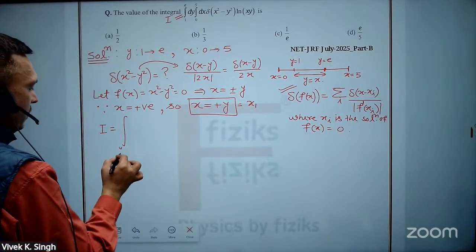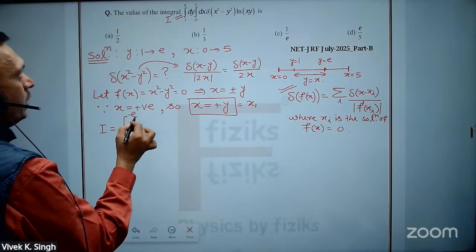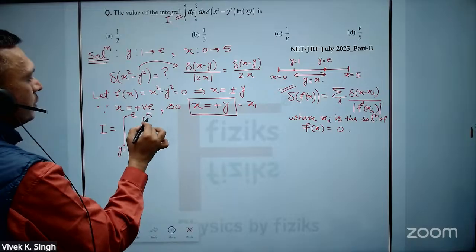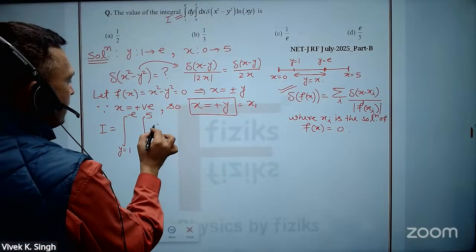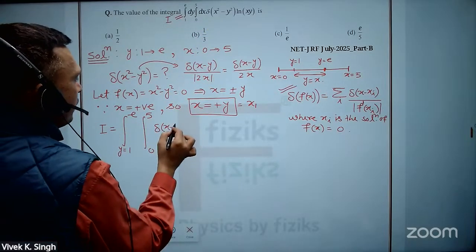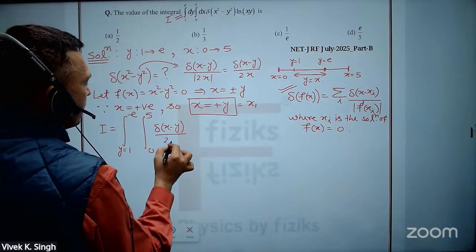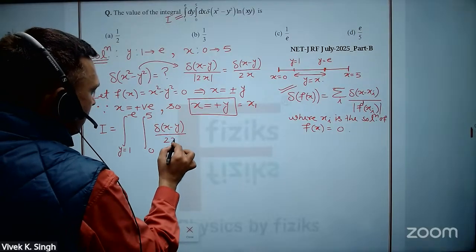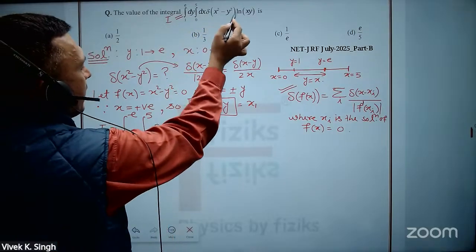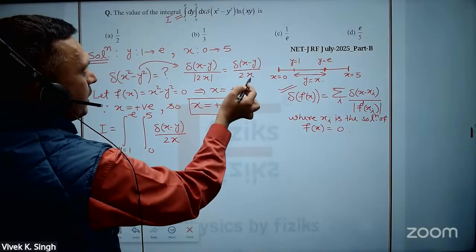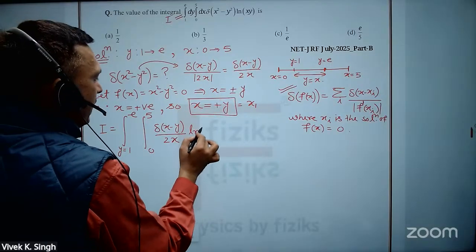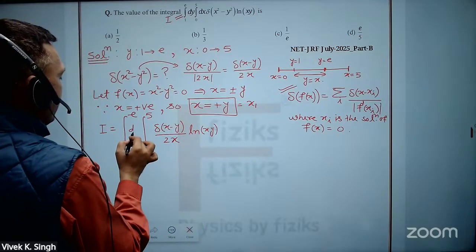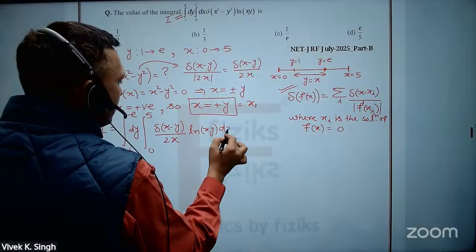So if you solve this integral, y from 1 to e and x from 0 to 5, I have replaced delta of x square minus y square by delta of x minus y by 2x, and the function is ln xy, with dy and then dx.